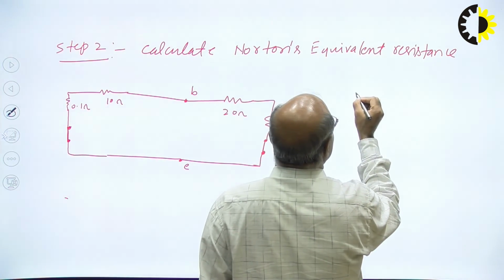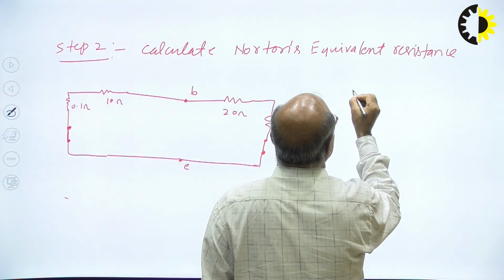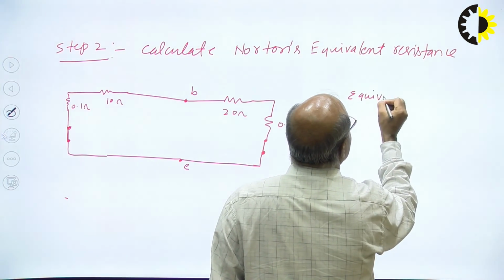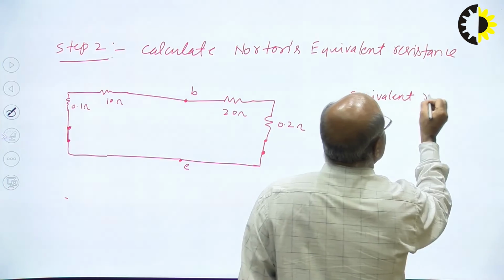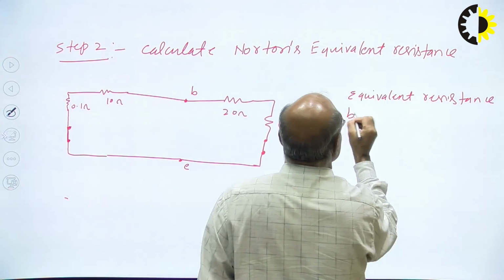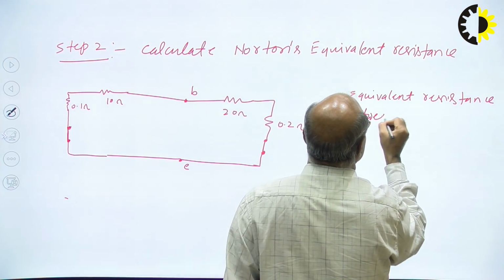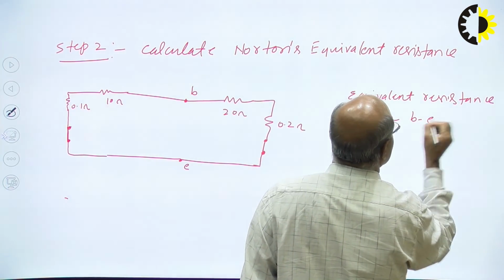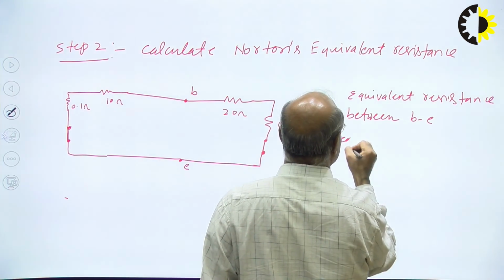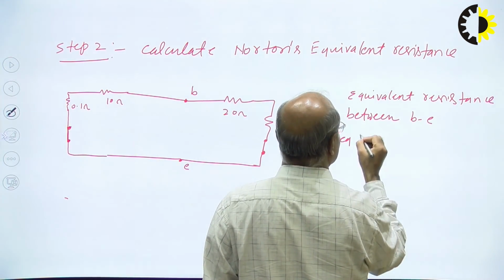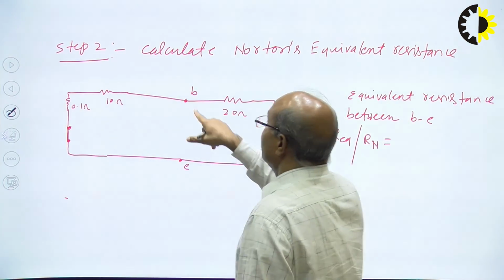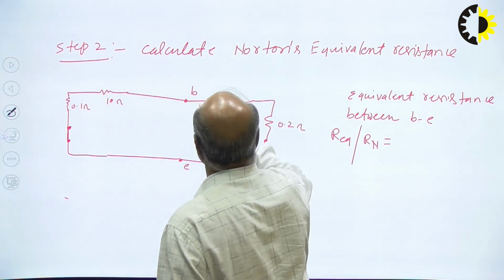So we can very easily see the equivalent resistance between B and E. What will be the equivalent resistance, REQ or RN? It will be this branch and this branch.